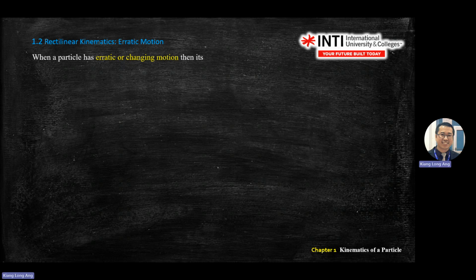We're going to learn three graphs. One is the VT graph, velocity versus time graph, acceleration versus t graph, and, sorry, there are four graphs. V versus displacement, and acceleration versus displacement.